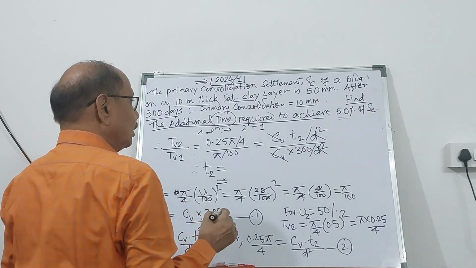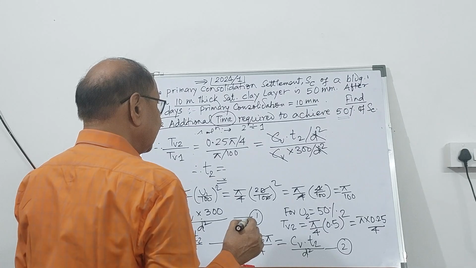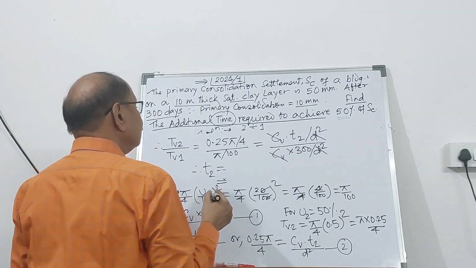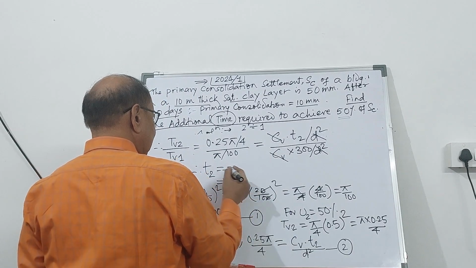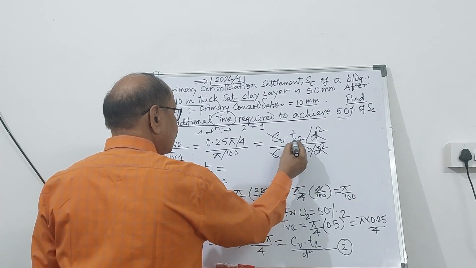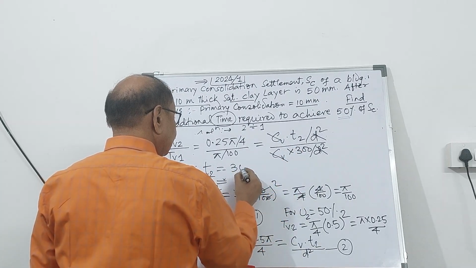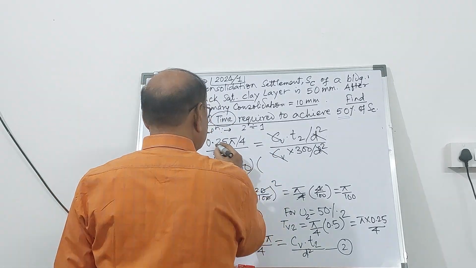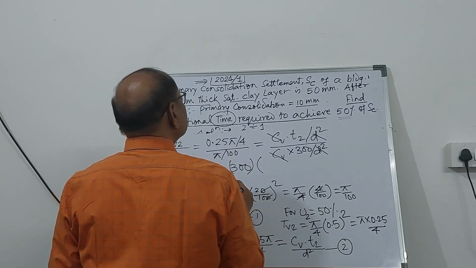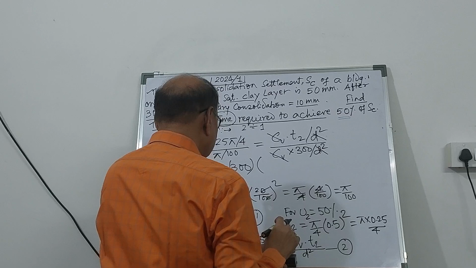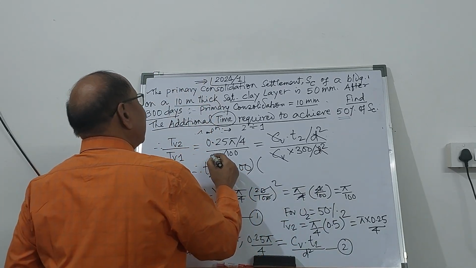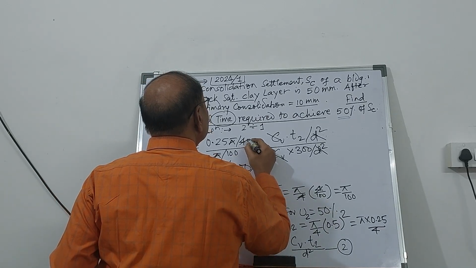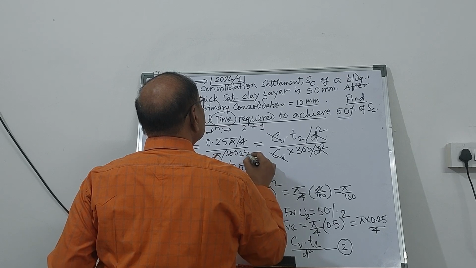So U is 50%, and therefore T2 becomes 300 multiplied by 0.25 into 25. Pi goes out, and this becomes 25.